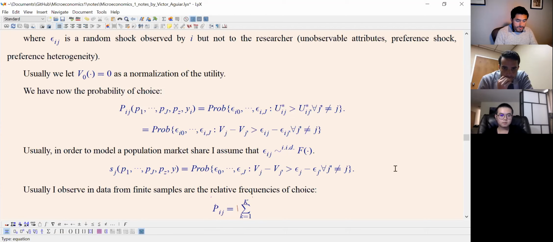These are the number of experiments divided by the total number of experiments, of the instances in which the agent chose J out of this menu, right?